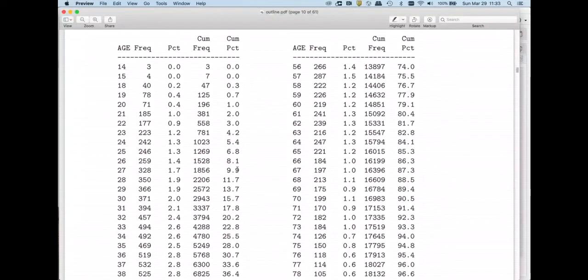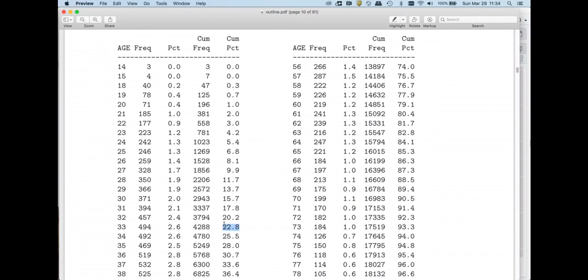So the 25th percentile would be the first cumulative percent that is greater than or equal to the percentile I want. So let's think about why that's the case. So let's say I stopped at 33. So the interpretation of this number right here is 22.8% of my data has a value of 33, age 33 or less.